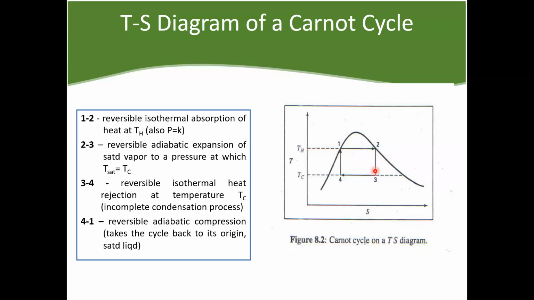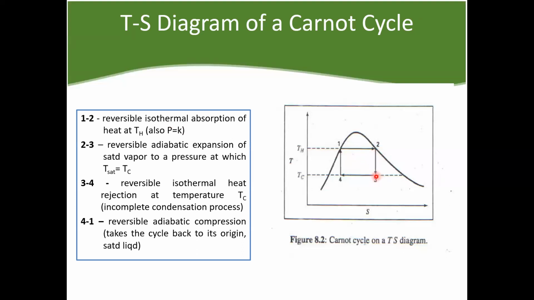Okay, so from point 2 to 3, it expands, so this is a higher pressure compared to this one. It expands to where T saturated equals TC. Okay. So from 3 to 4 is the isothermal heat rejection in the condenser. But remember, we're still inside the curve.